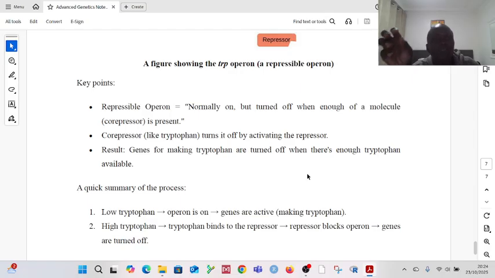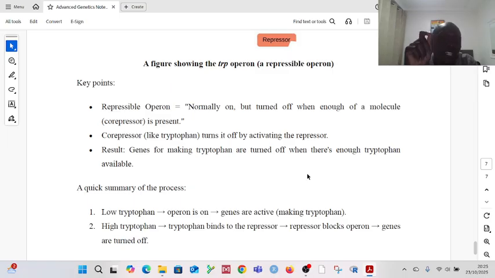Once there is an active repressor on the operator, the RNA polymerase that will have attached itself to the promoter will not be able to move, because remember, you come from the promoter to the operator before you get to the genes. So even if the RNA polymerase is on the promoter, whatever is on the operator must leave before the RNA polymerase can be allowed to move.